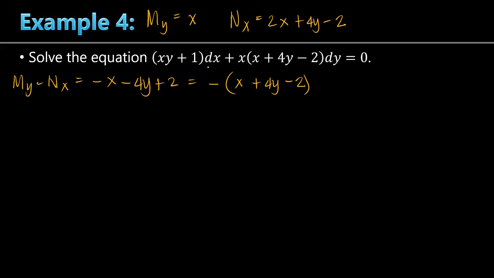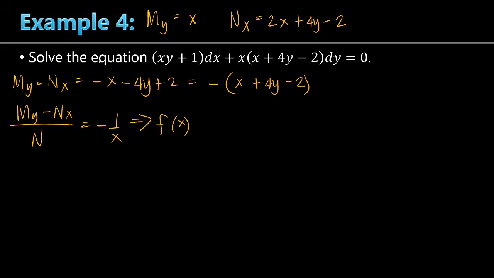Remember, this is M dx plus N dy. So, M_y minus N_x divided by N, magka-cancel to. Ang matitira yung negative 1 over x. So, this is now my f of x.